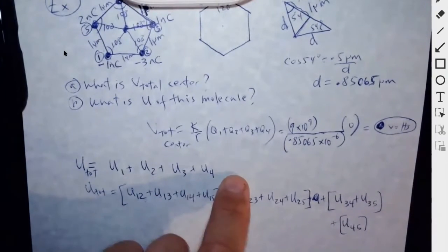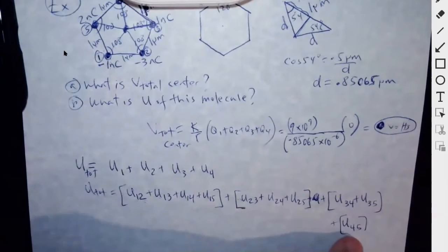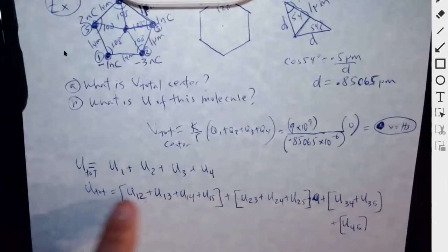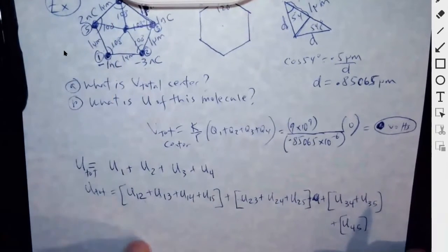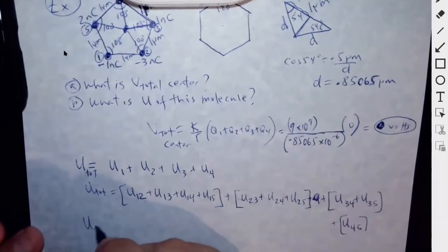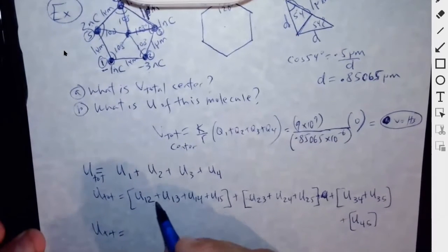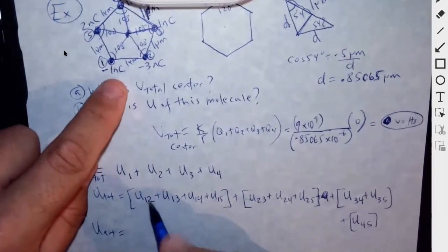Of course you're saying, well, how about the potential energy with 5? Well, we've already counted all the friendships that 5 has with everybody else. So it really doesn't matter which one you label 1, 2, 3, 4, 5, as long as you account for all of this. Okay.